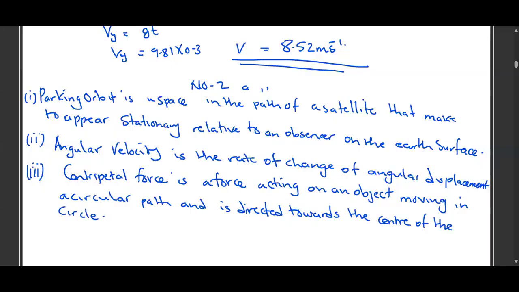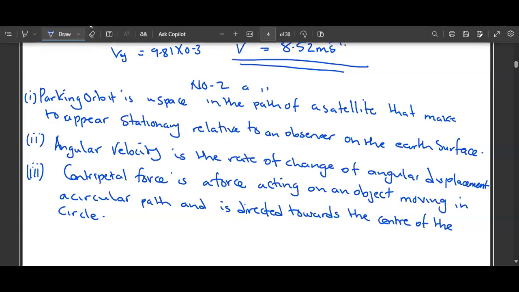So centripetal force is a force acting on an object moving in a circular path, and this force is always directed towards the center of the circle. All bodies moving in circular motion experience this force. This is the force that is responsible for keeping them in that kind of motion. That is centripetal force.